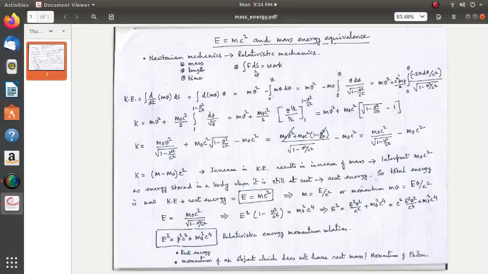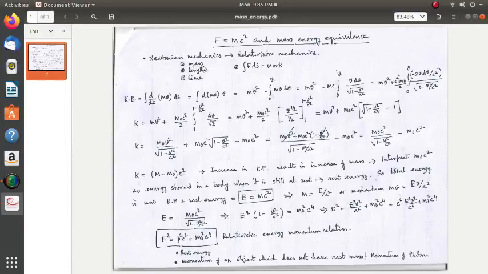So if a body is at rest and you push it with a force F, then the work that you do will be its kinetic energy. So this is reassuring that our old idea of work equal to integration F dot ds is still there in the relativistic scenario.